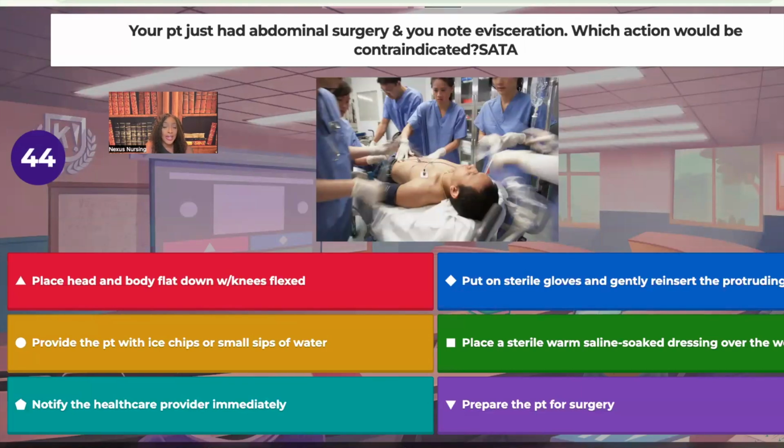Provide the patient with ice chips or small sips of water. Place a sterile warm saline soaked dressing over the wound. Notify the healthcare provider immediately and prepare the patient for surgery. Which action would be contraindicated? In other words, which action would you not perform under this specific circumstance? What would you not do?